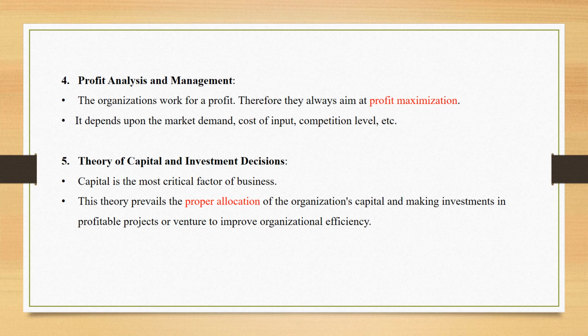It depends upon the market demand, cost of input, and competition level. Next, theory of capital and investment decisions. Capital is the most critical factor of the business. This theory prevails on the proper allocation of the organization's capital, which makes investments in profitable projects or ventures to improve organizational efficiency.